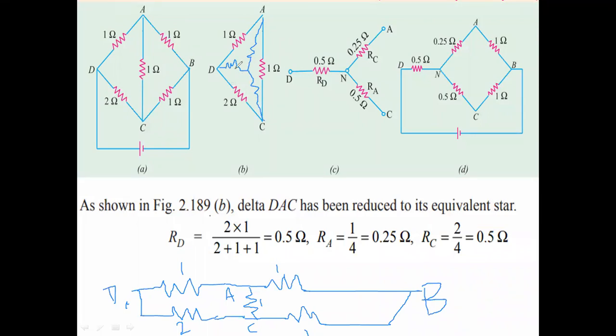The value of this resistance is obtained as, this is connected to 1 ohm and 2 ohms resistors, that is 1 into 2 divided by the summation of the entire delta resistance, that is 2 by 2 plus 1 plus 1, which is 4. So that is 0.5 ohms.